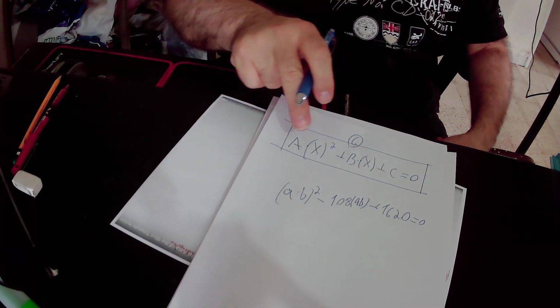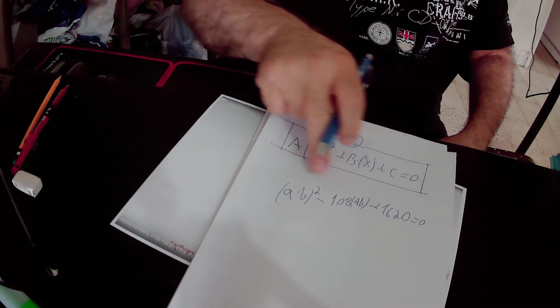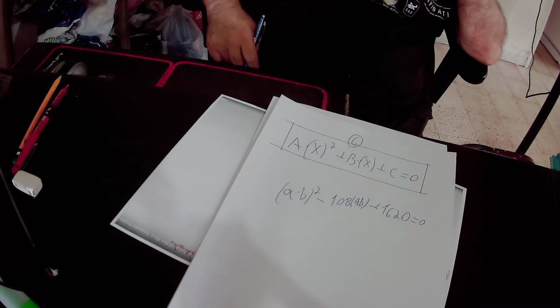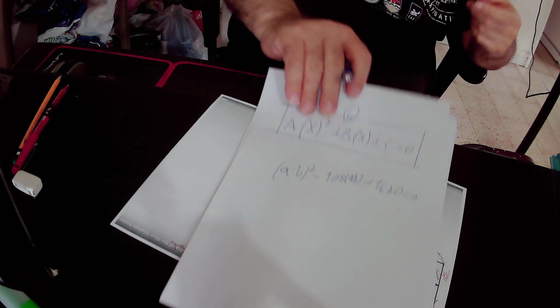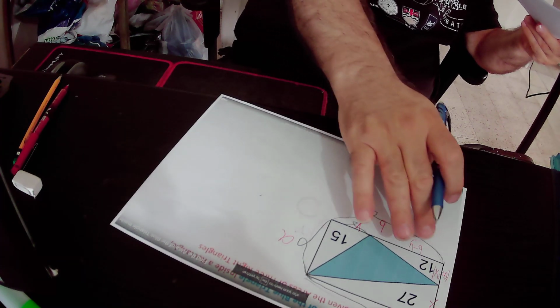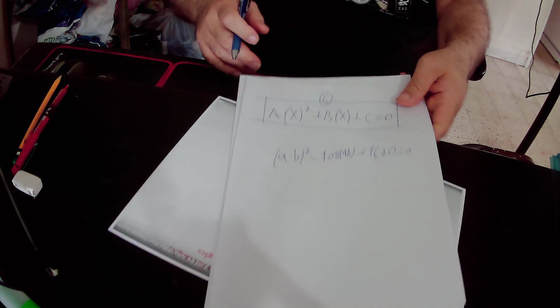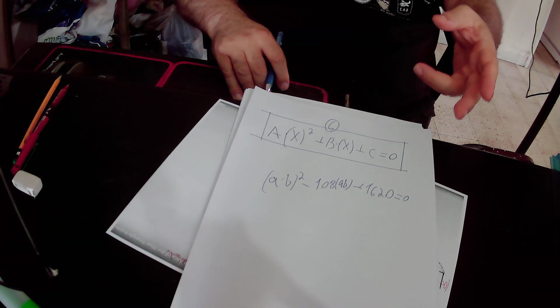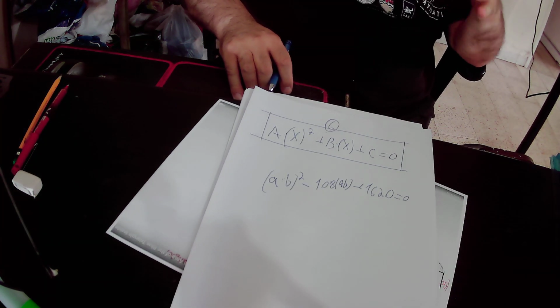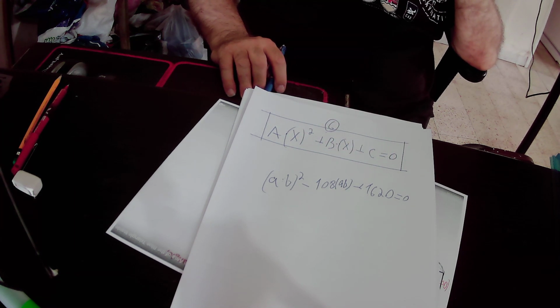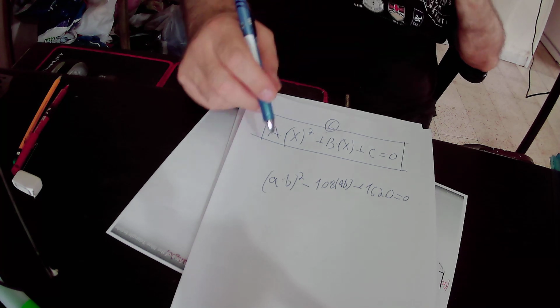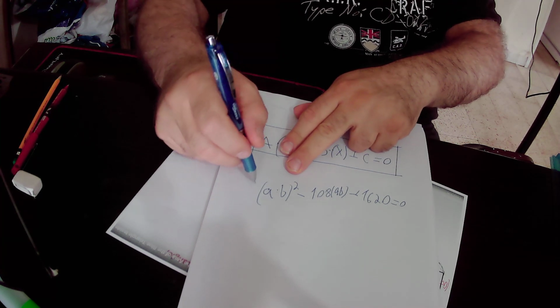So this is our specific quadratic equation that we got from our three equations for the right triangles. From the three equations we derived this quadratic equation, and in this equation, first of all, I will multiply this expression by 1.